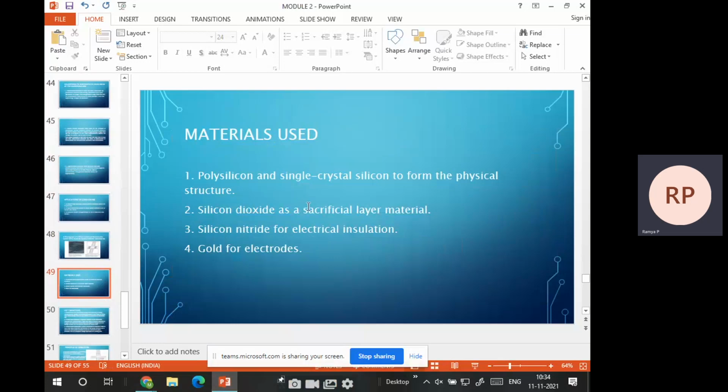Now with the principle of operation, we are using silicon nitride for electrical insulation and gold for electrodes. It will be acting as a capacitor.